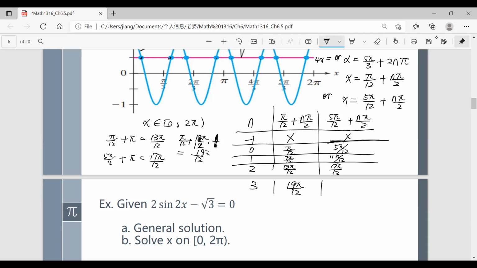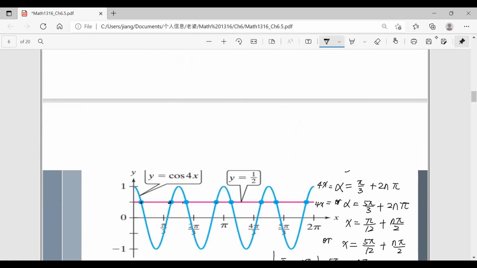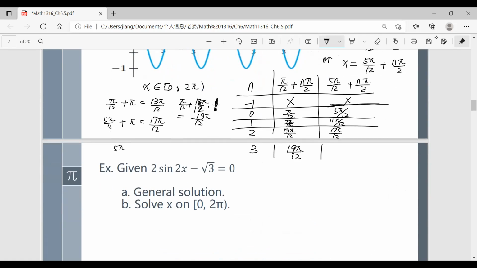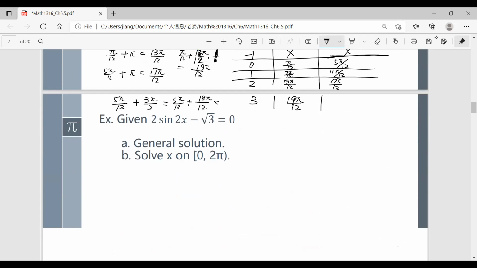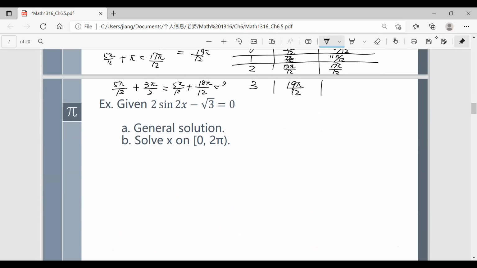And then continue, we plug in 3 here. That's 5 pi over 12 plus 3 pi over 2. That's 5 pi over 12 plus 18 pi over 12, right? And this one, 5 plus 18 is 23 pi over 12.